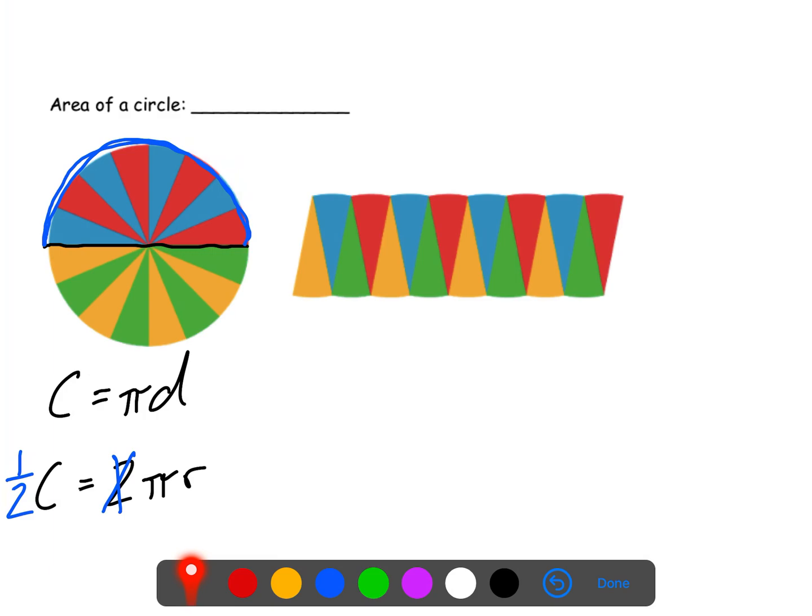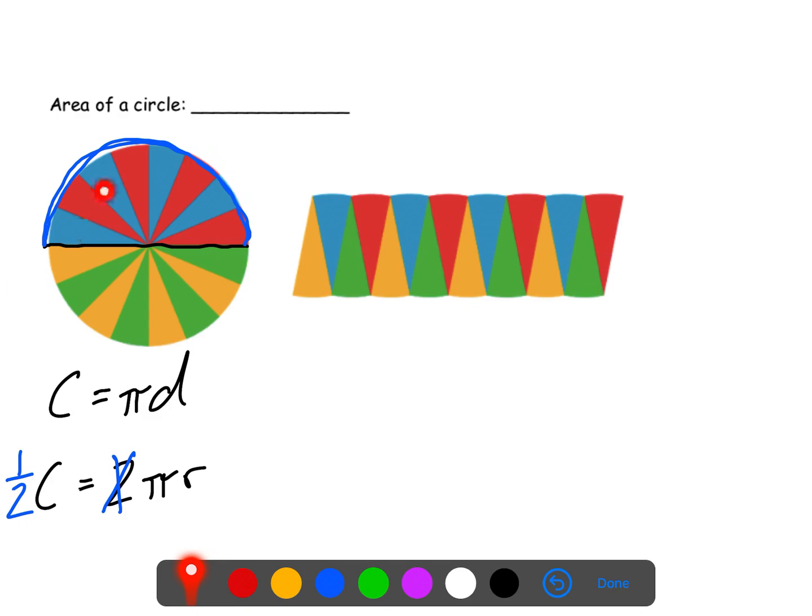So if we look at this shape here, it almost looks like a parallelogram if you can look at the outline here. The only difference is this edge is just kind of slightly bumpy. But all of these wedge shapes, all these pizza slices, come from the circle here. It's just been separated, it's been cut apart.